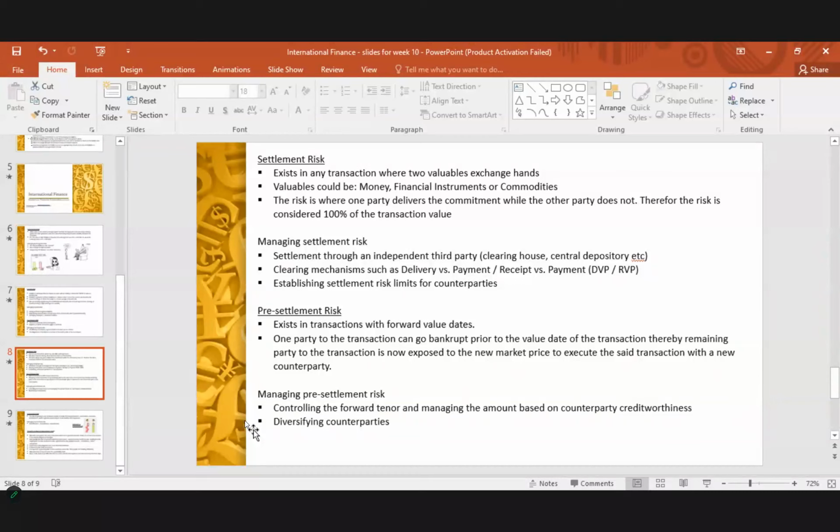Yes. The longer the exposure, the higher the risk, because the longer the period, the probability of something going wrong is greater. That's why when exposures are long term, the risk is higher. So to reduce risk, you shorten the period. That's the concept.